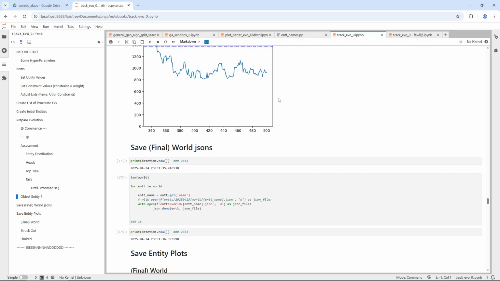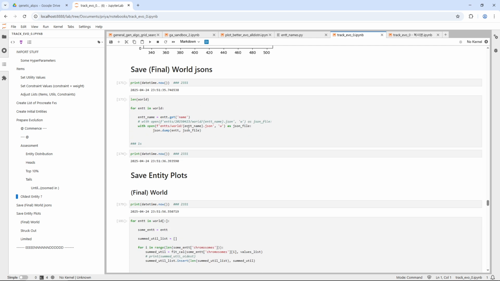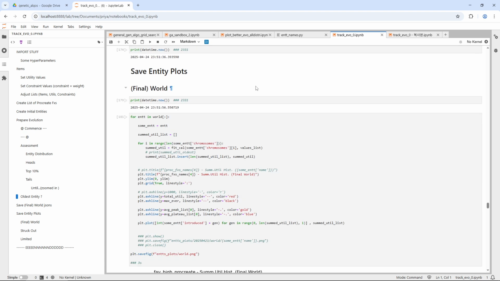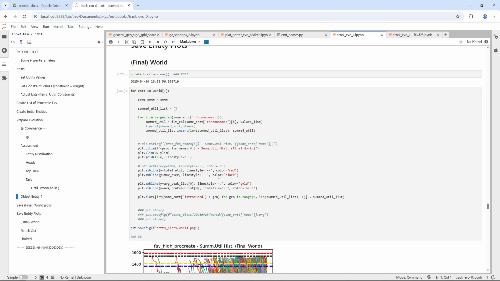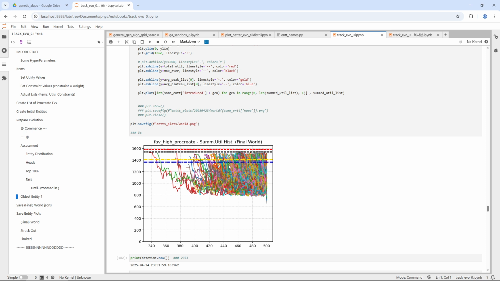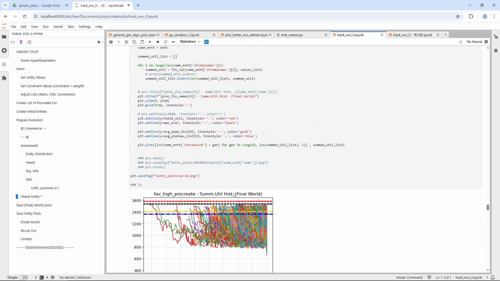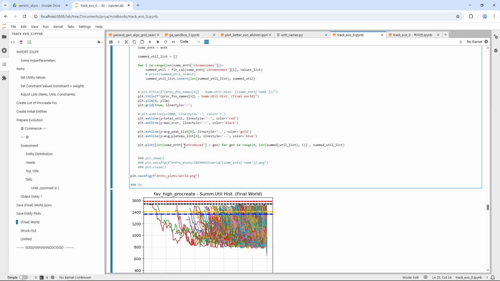And then back onto what the notebook holds, for analysis purposes, I would save the final state of the world in JSON format. I would save the entity plots in the world, in two types. One type is just one picture file or PNG that has all the plots for the world within one single frame, and then all those plots separately.